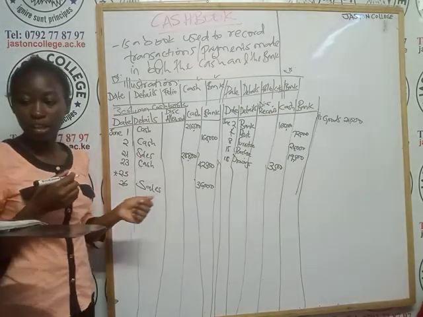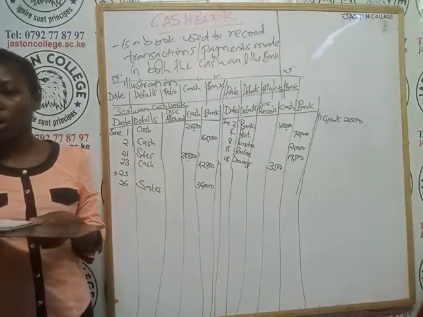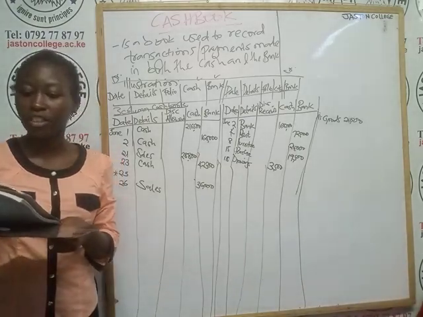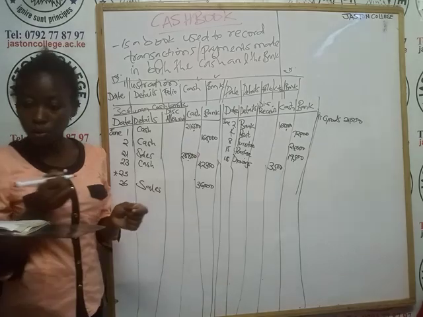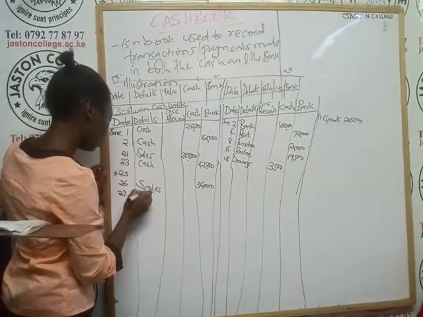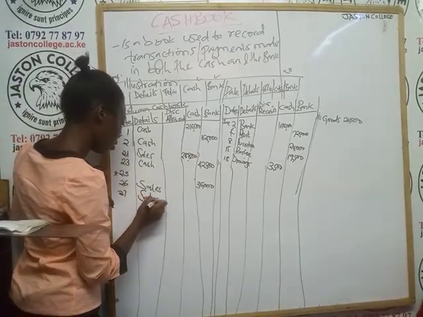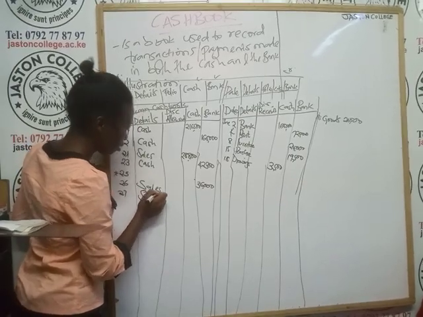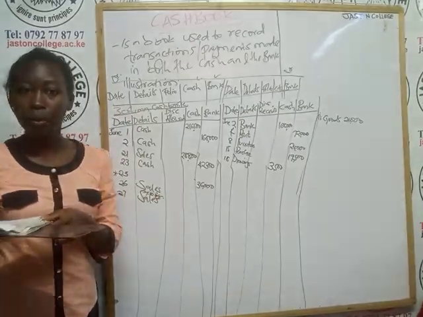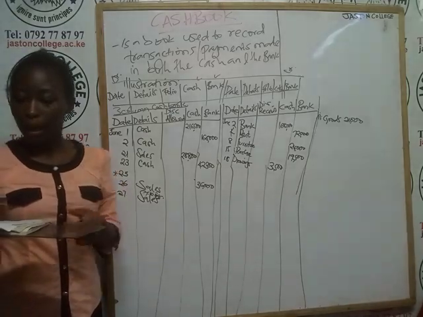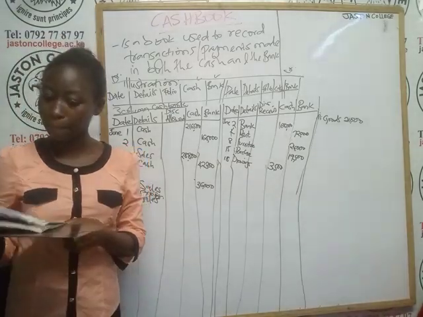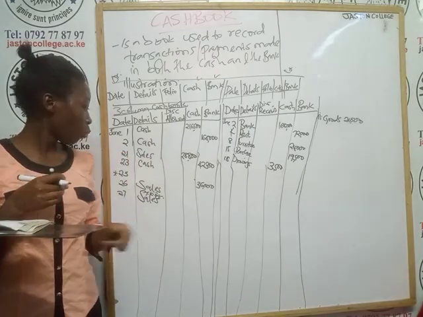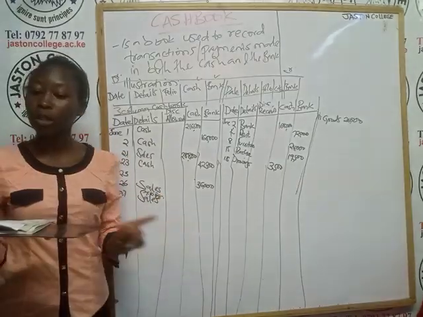On 27th again, sold goods on credit to Tickings for 14,300. We made sales to Tickings on credit.